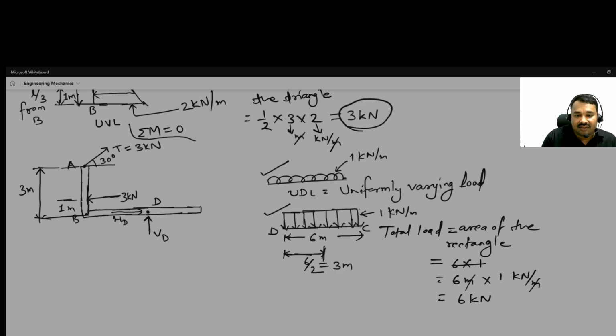Okay, so finally it is converted into point load, DC, and it is 6 kilonewton, and from here to here it is 3 meter.